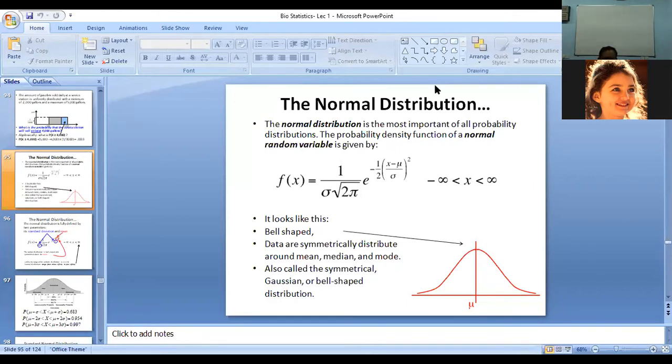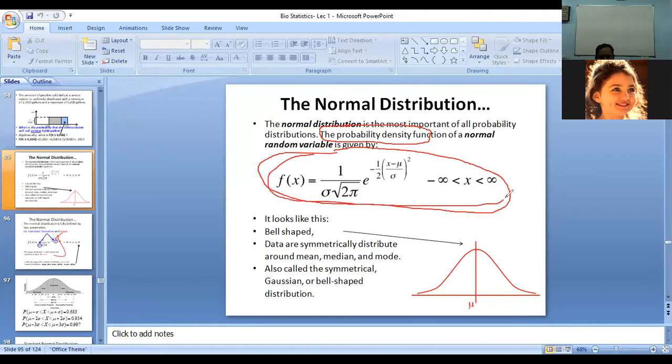this is the notation for the normal distribution, which gives the probability density function of a normal distribution. The random value can be between minus infinity and plus infinity.